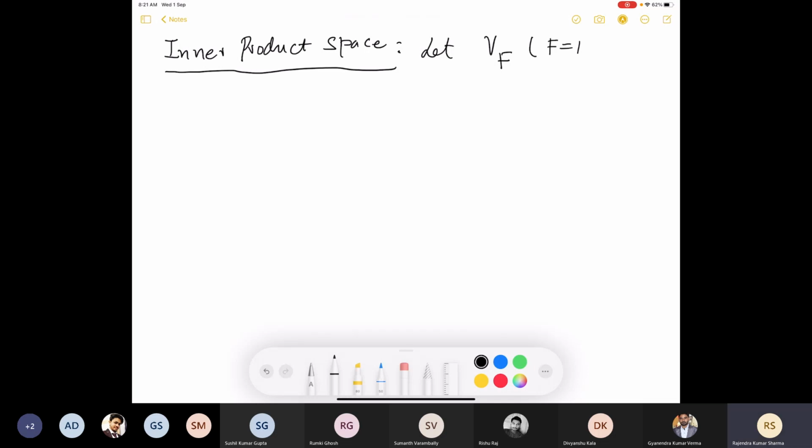F is here R, or as I said, the field of complex numbers. Now define the inner product of two vectors here.